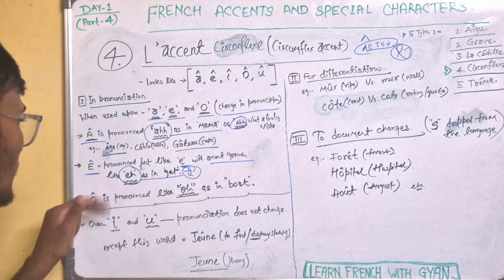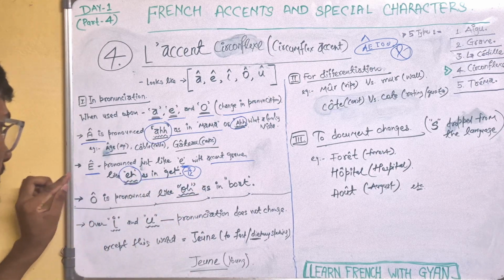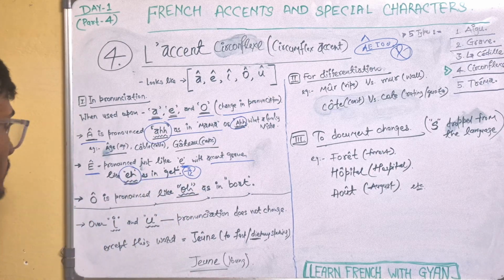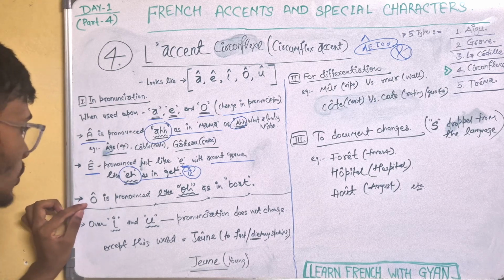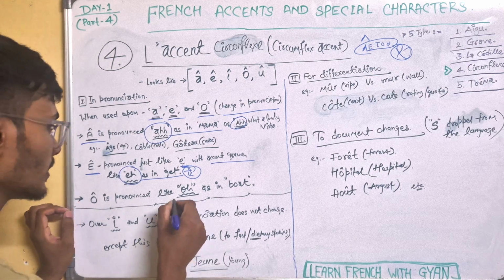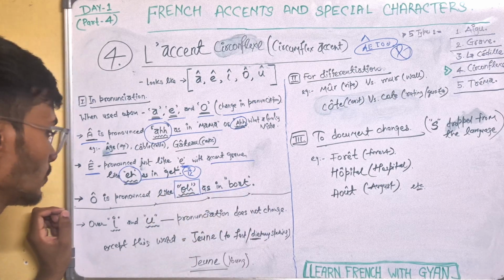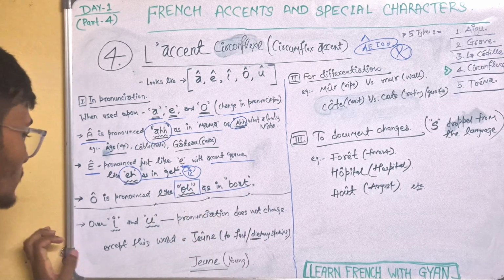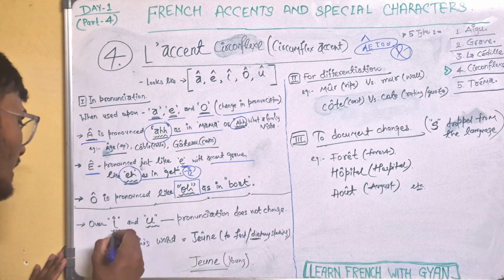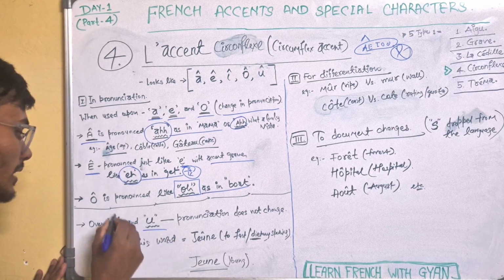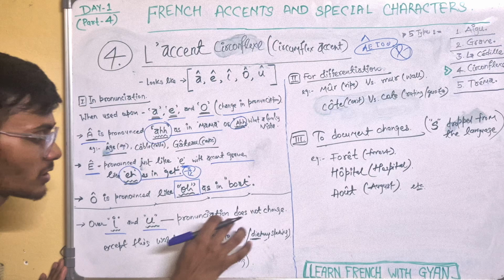So this sound will be coming when this has been put on this e. And now on o, when this is ô, the sound is as in boat, right? And when you are taking I and U, with the accent upon these, the pronunciation will not change.